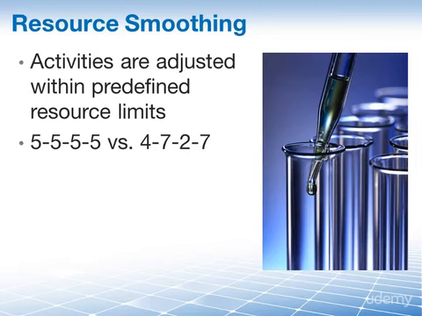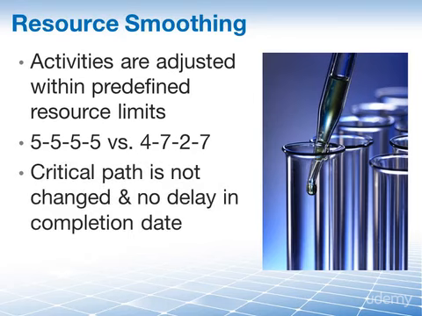Even if there is no limit to the amount of any one resource available, it's still desirable that resource usage is as smooth as possible throughout the entire course of your project. When using resource smoothing as opposed to resource leveling, the project's critical path is not changed, and the completion date is also not delayed.